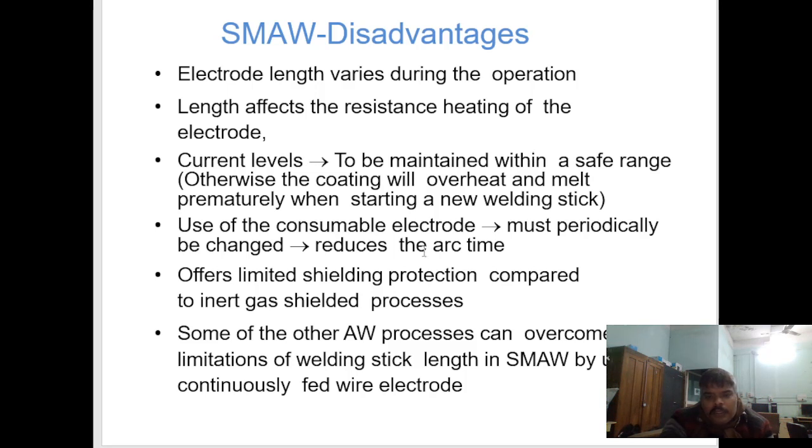Use of a consumable electrode, which must periodically be changed, reduces the arc time, and offers limited shielding protection compared to inert gas shielding processes. Some of the other arc welding processes can overcome the limitation of welding stick length in shielded metal arc welding by using a continuously fed wire electrode.